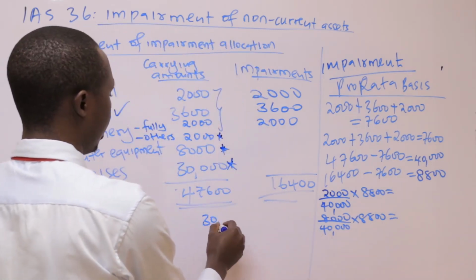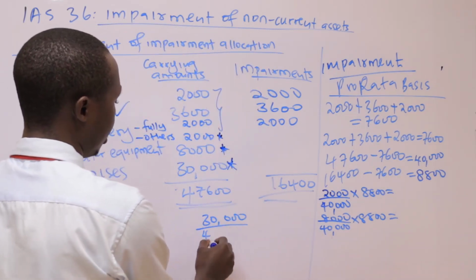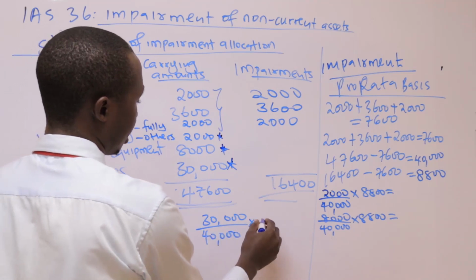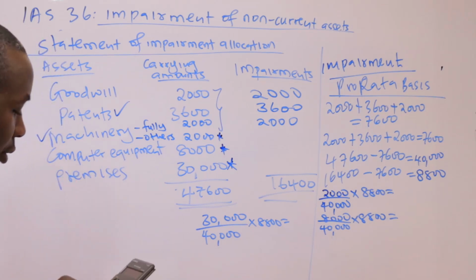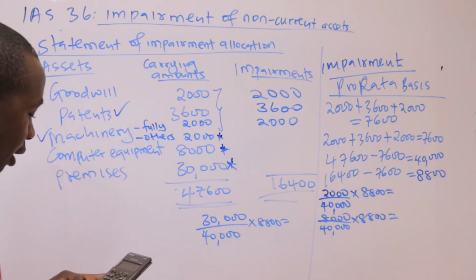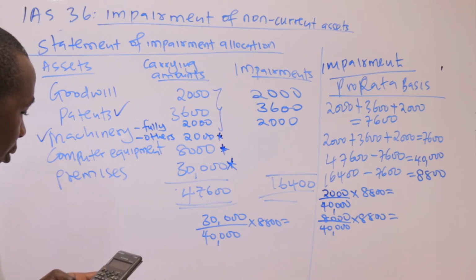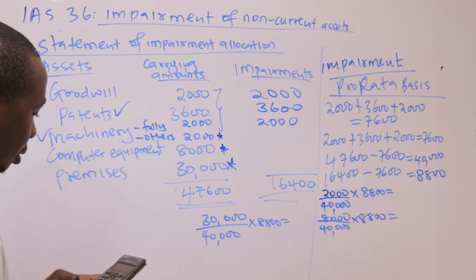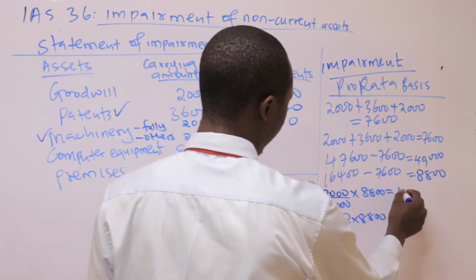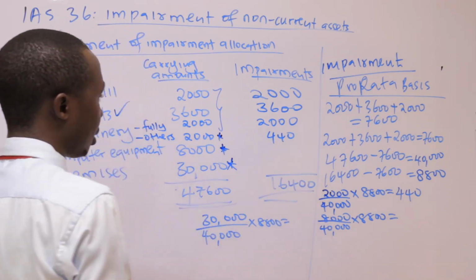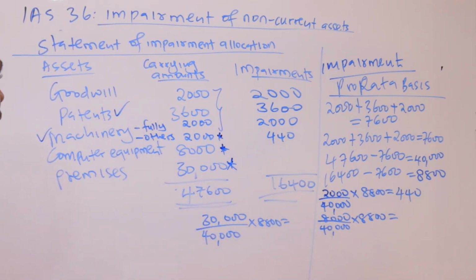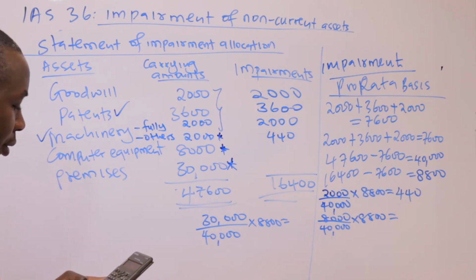Then for the 30,000, which is for the premises, I will divide by 40,000 times 8,800. So for 2,000 divided by 40,000 times 8,800, I get 440. That is what we allocate to the balance of the machinery which was not fully impaired.